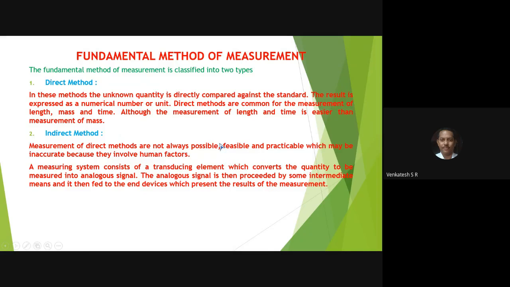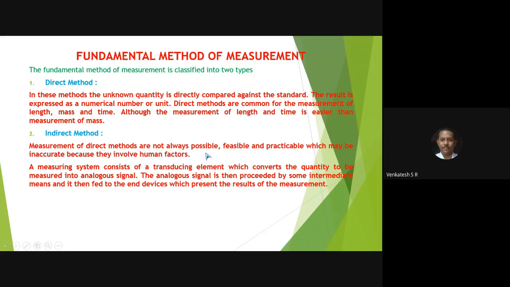This RPM is translated or converted into a voltage signal from the transducer. This voltage signal is converted into a digital signal. Then you have the output, the result of the measurement in speed, that is in kilometers per hour.